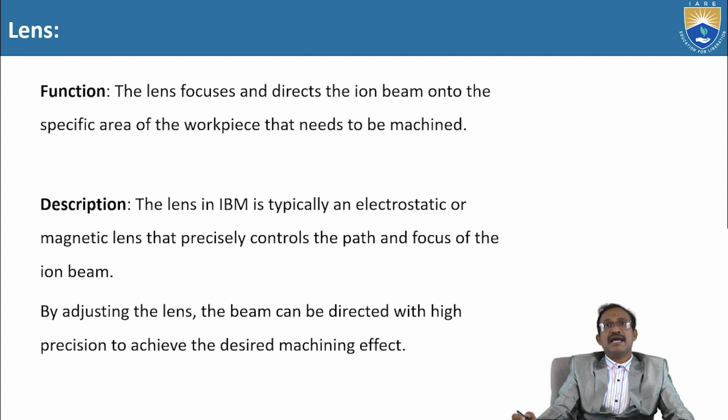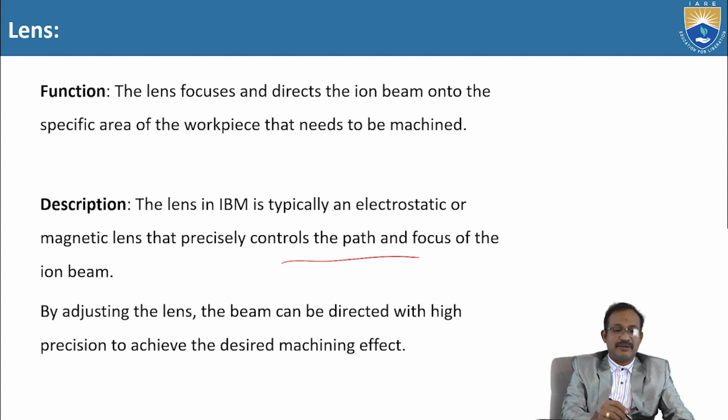The lens in ion beam machining is typically an electrostatic or magnetic lens that precisely controls the path and focus of the ion beam. Whatever the path or profile that we want, based on that we have to deflect the lens in this setup.